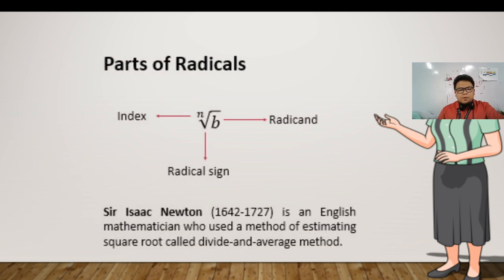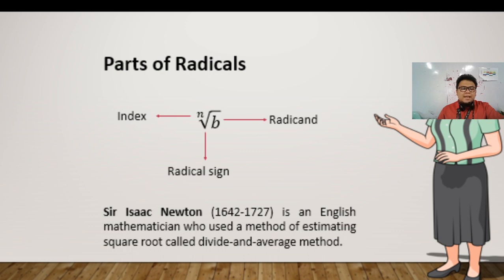These are the parts of a radical. Look at this one. This n is what we call the index. If the value of the index is 2, it is not necessary to write the 2.